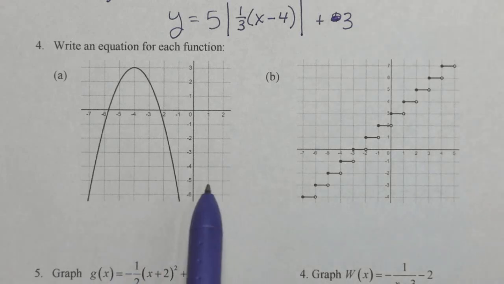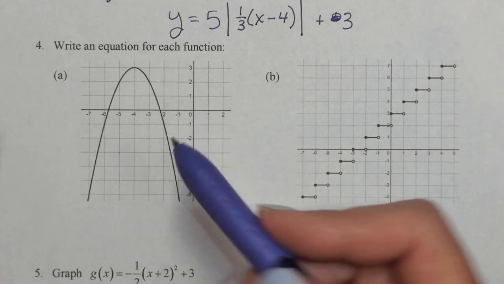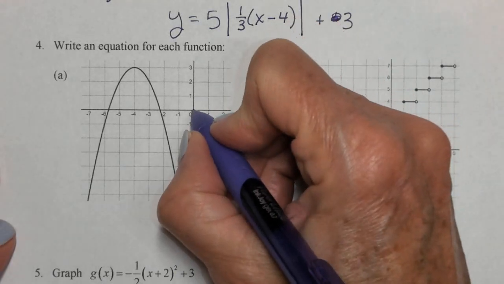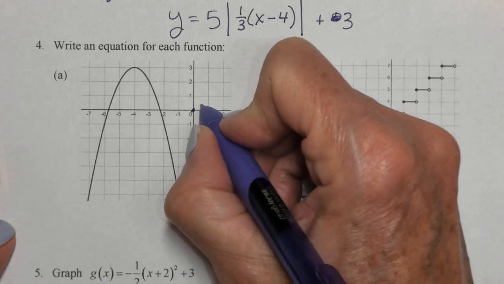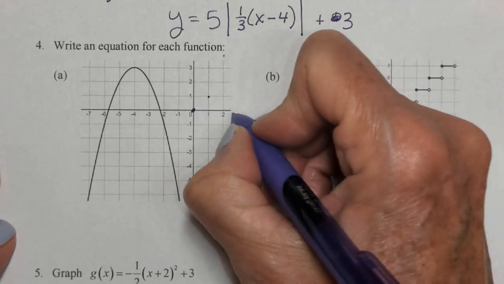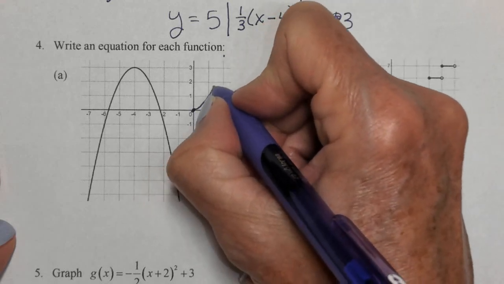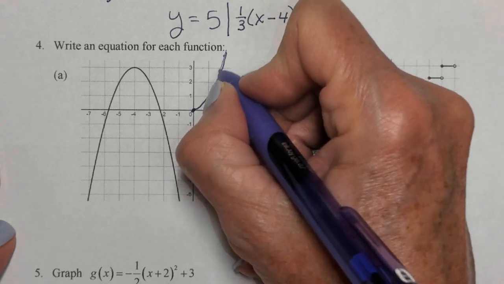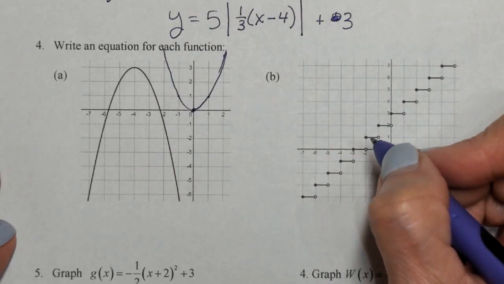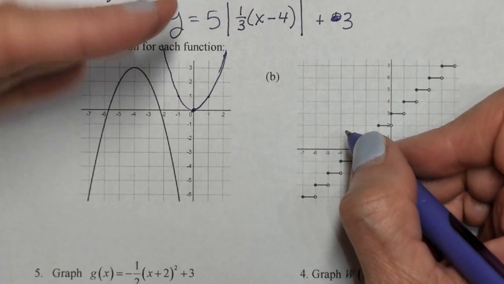Okay, let's write an equation for each of these graphs. Well, this is a parabola. The parabola usually starts here and goes over 1, up 1, over 2, up 4, over 3, up 9, in both directions. So clearly it flipped, right?